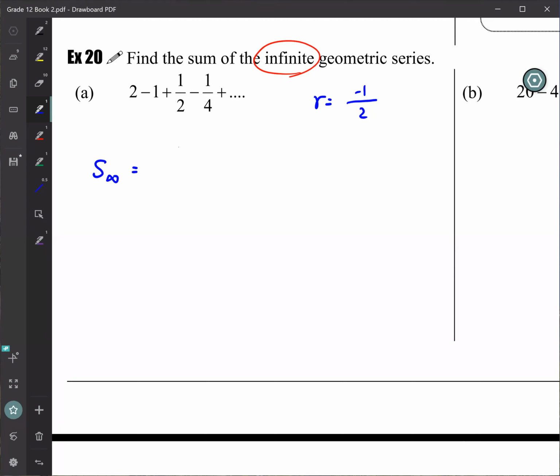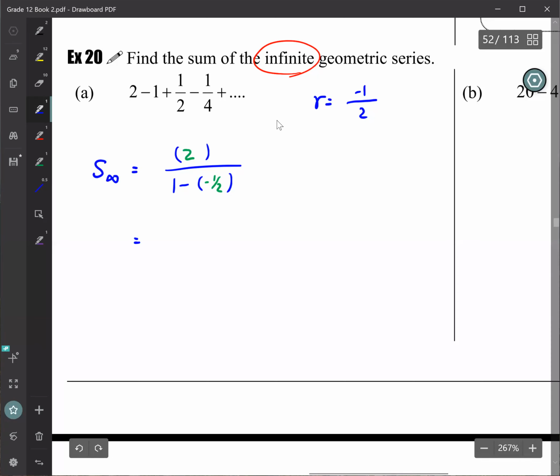So the formula is A over 1 minus r. We plug in the numbers. A is 2, the first term, over 1 minus the ratio. Please plug into your calculator now and raise your hand when you've found the answer.